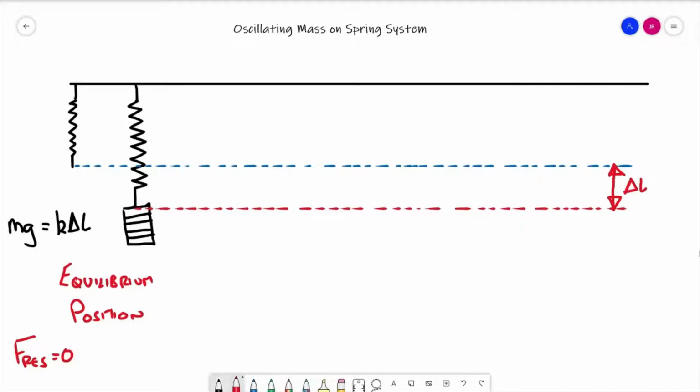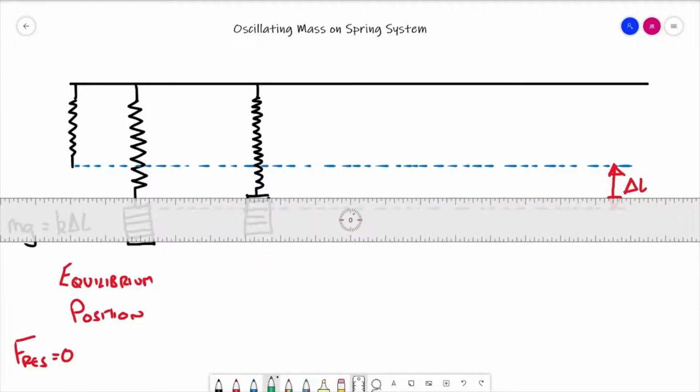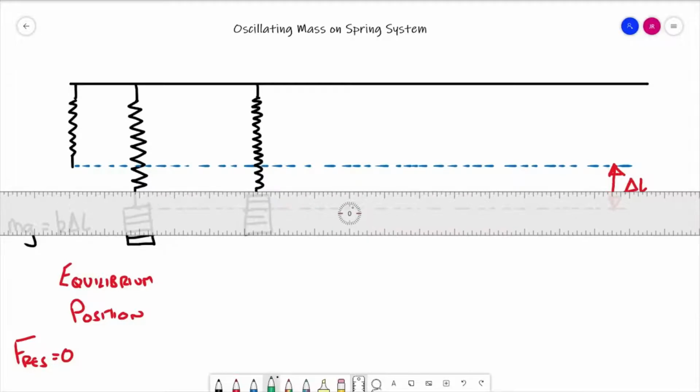Now, for the purposes of this, I'm going to have a look at what happens when the system is above that equilibrium position. So we are, let's just say, at that point there. So at this point, we've now got a vertical displacement.